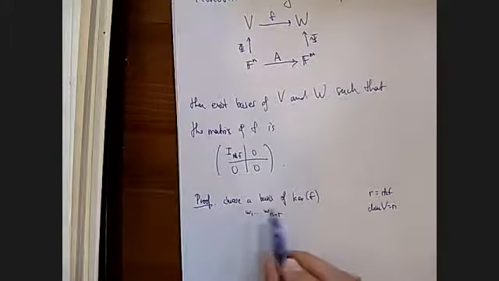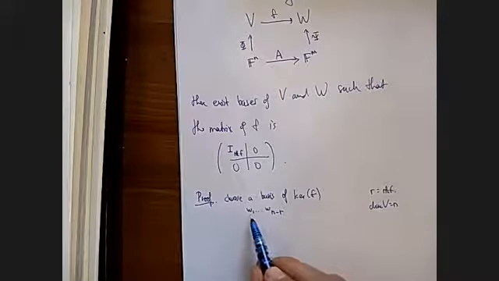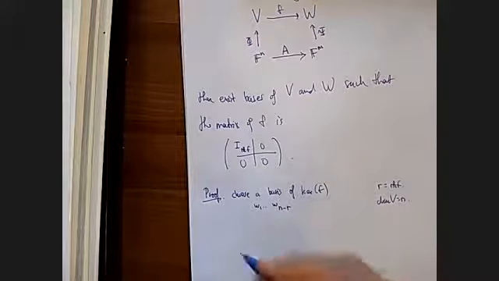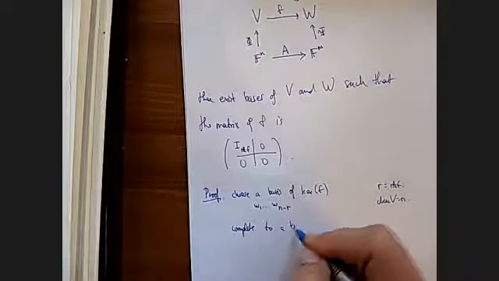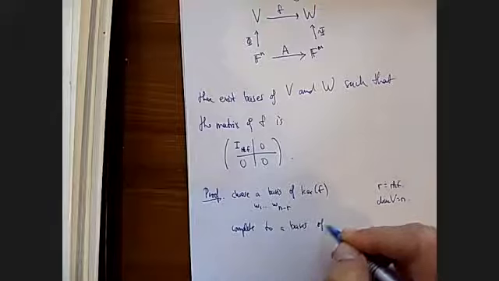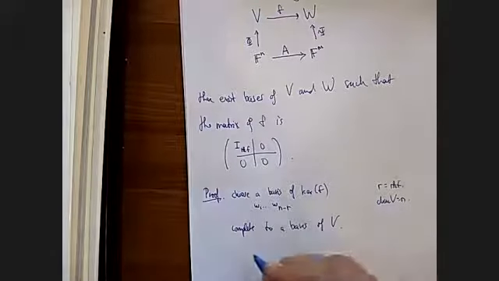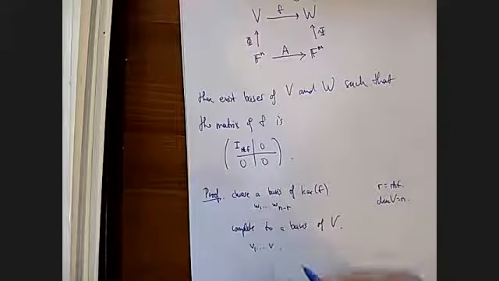So if we choose a basis of the kernel of F from W1 to W(n minus r), then we complete this to a basis of V. Let's call those elements V1 through Vr.